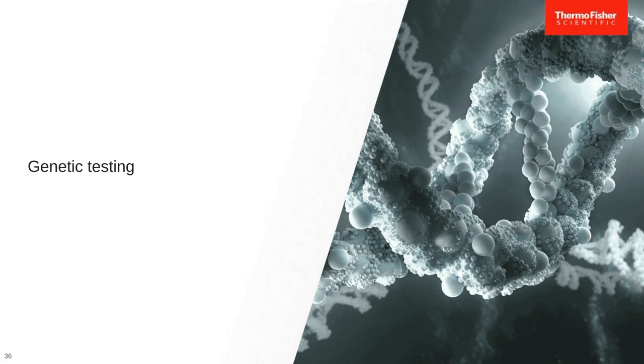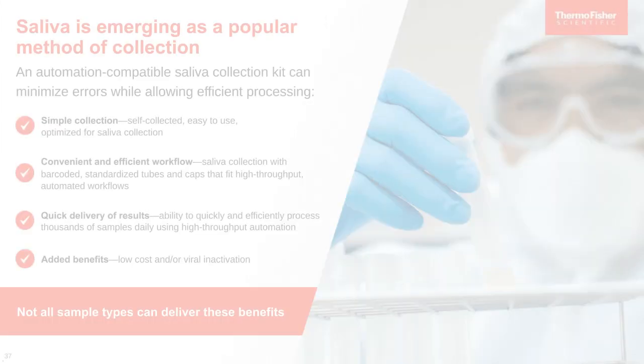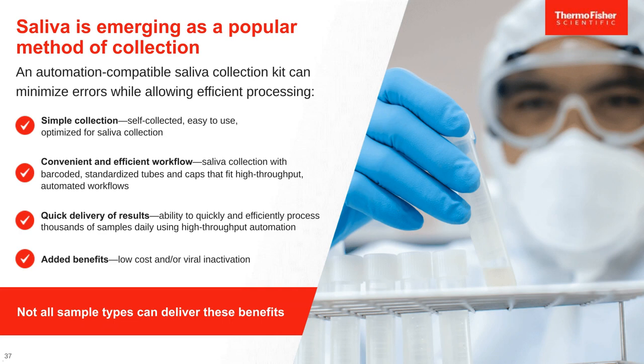So traditionally, genetic testing has been performed with whole blood and buccal swab samples. However, in recent years, saliva has really emerged as a popular collection method, and for several reasons. One, it's very automation and high throughput friendly, being a liquid sample. It's also a much simpler collection method.